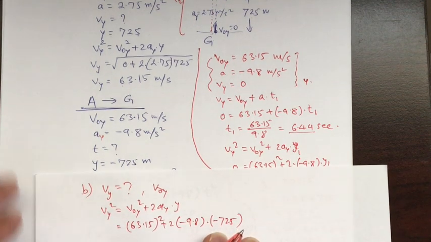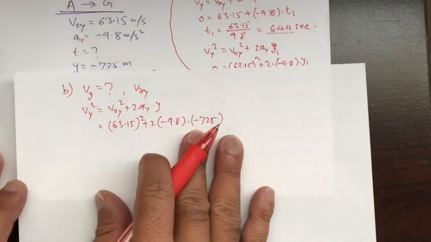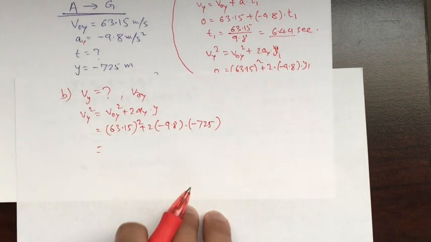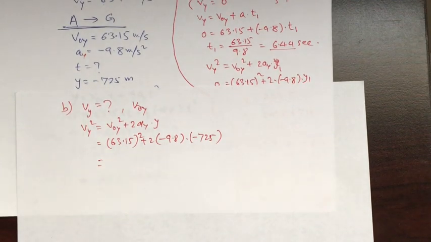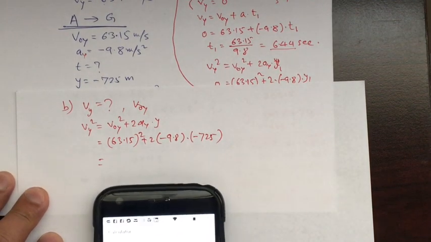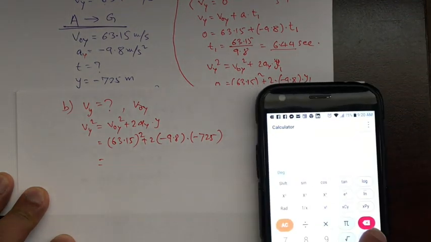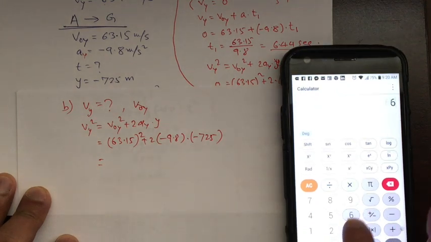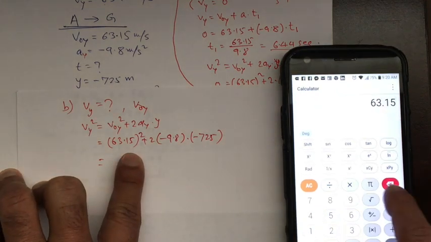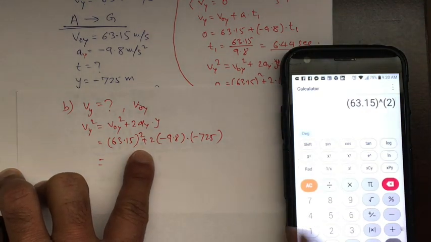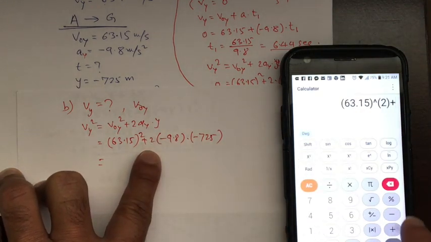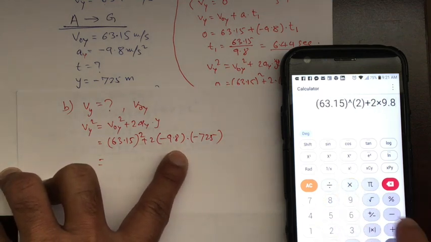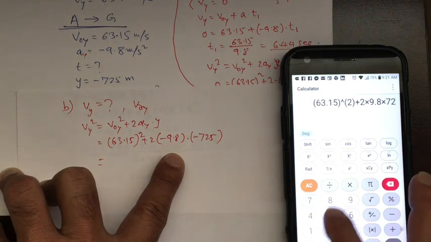So this already is the calculation. Let me do the calculation: 63.15 square, minus will be plus, so plus 2 times 9.8 times 725.